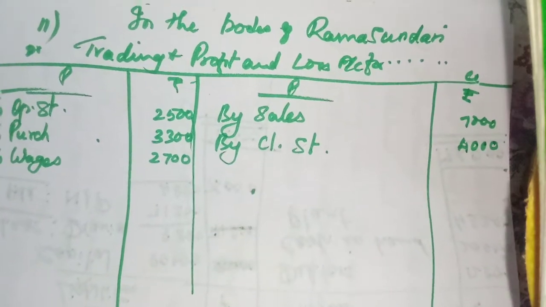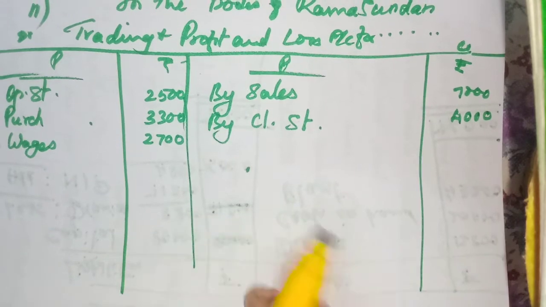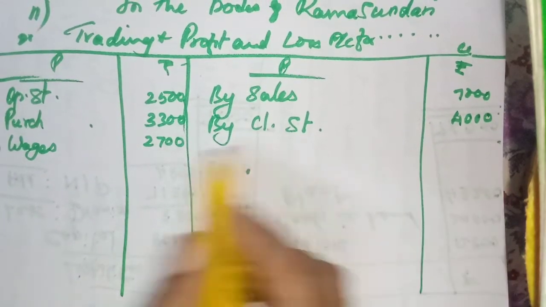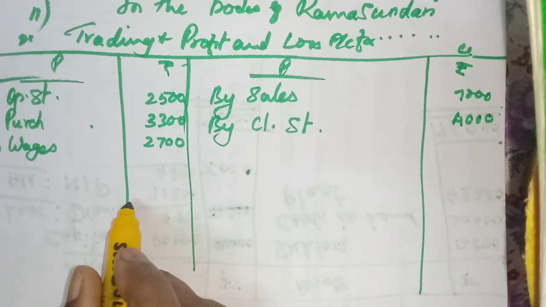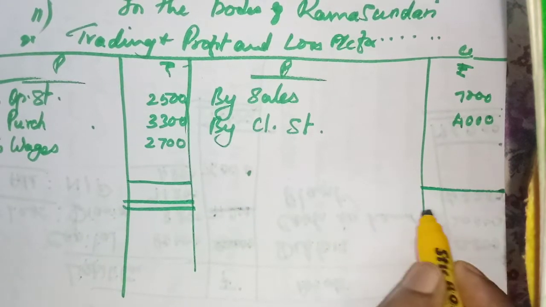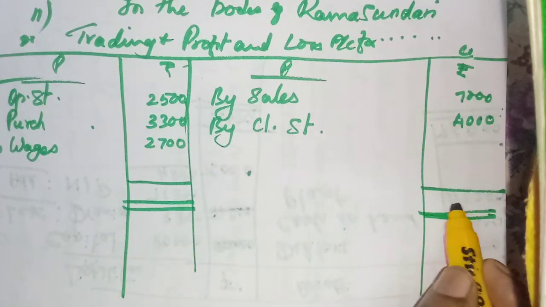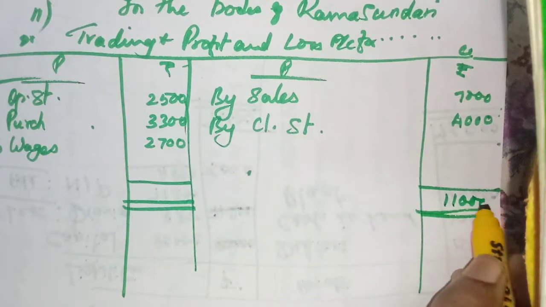Closing stock will be given outside the trial balance. Okay, that's why I thought. But here it is given inside along with the other items. So we will write the total amount. Draw like this. Okay. Which side here 11,000, here less. Okay, so we will write this one 11,000.